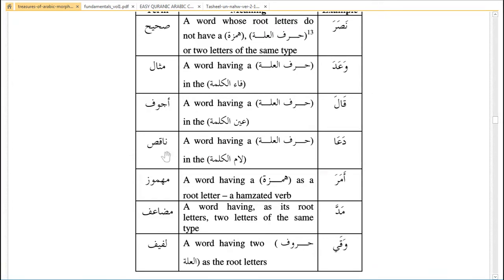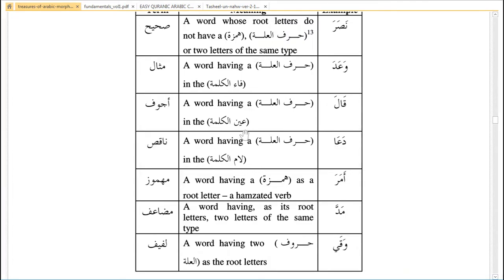And another one is naqis. Naqis is when there's harf illa in the lam kalima, meaning at the end. Da'a: dal is fa kalima, ain is ain kalima, and alif is lam kalima. So the lam kalima has harf illa, so it is naqis.